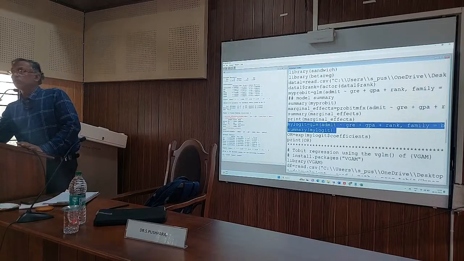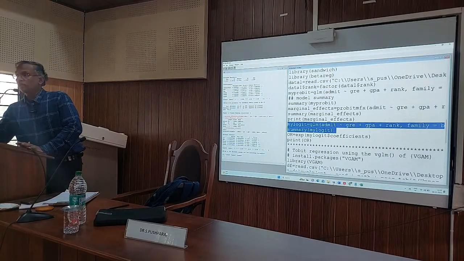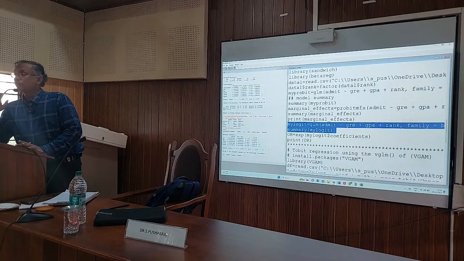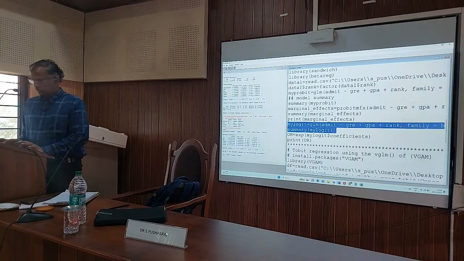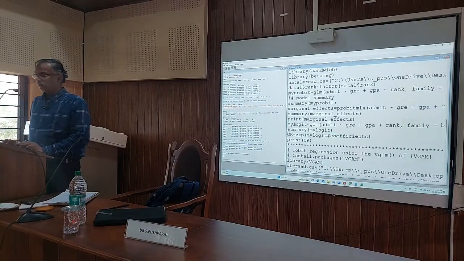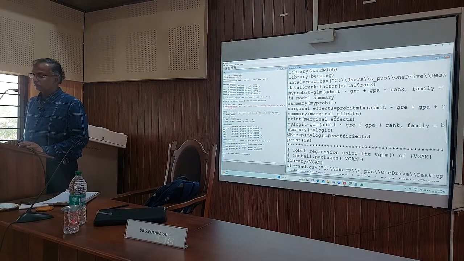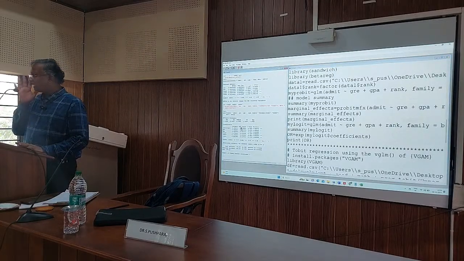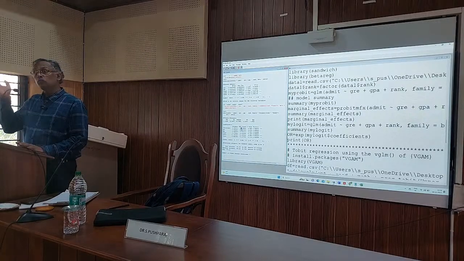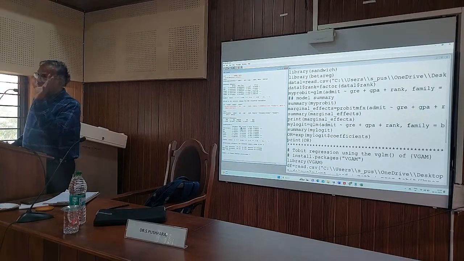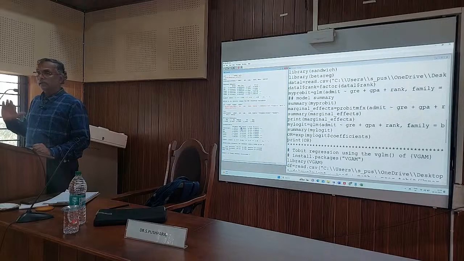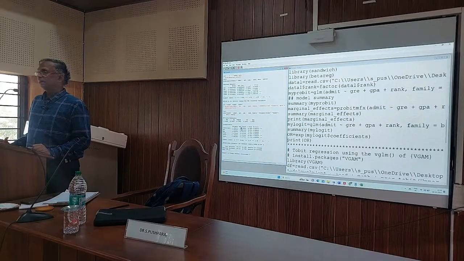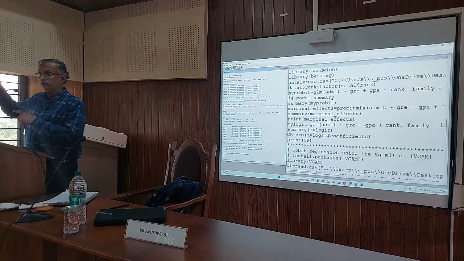As we calculated the marginal values in probit, here you have to calculate the odds ratio. I'll just tell you. This is the model. One good thing about SPSS is that it will give both. It will give the logit values and it will give the odds ratio also, the exponential of logit.